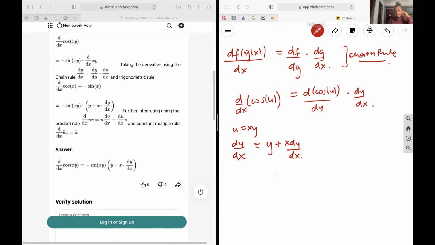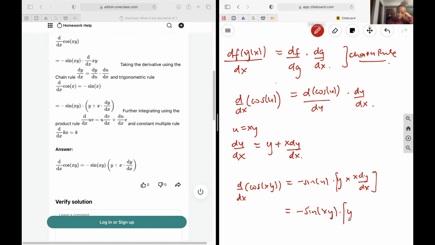So now I'm just going to put that all together, and we get that d over dx of cos xy is equal to negative sine u multiplied by (y plus x dy over dx). You put back in your u, so negative sine of xy multiplied by (y plus x dy over dx). And that's going to be it for this question.